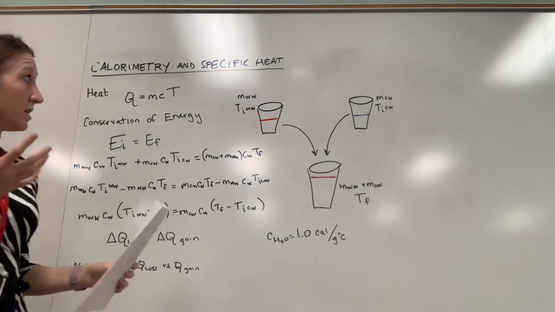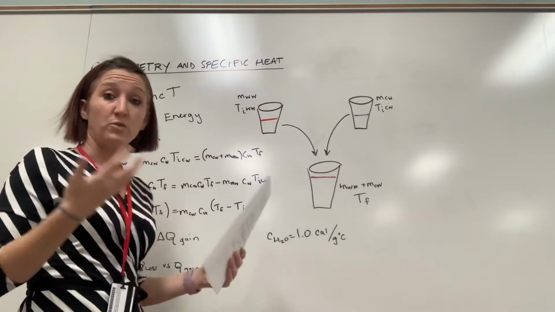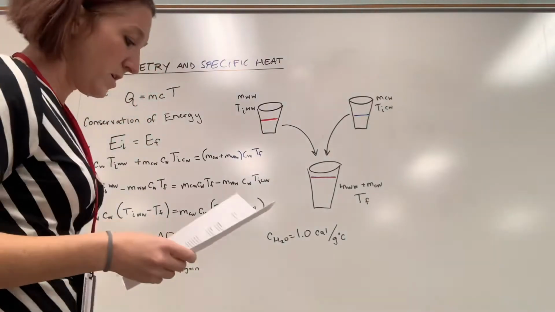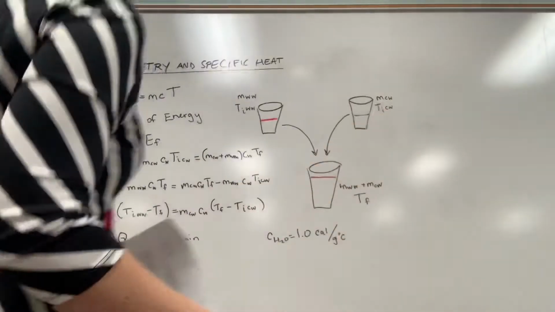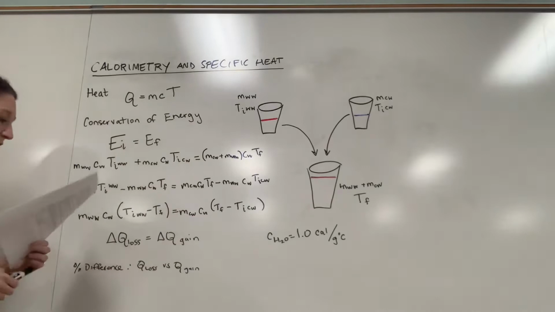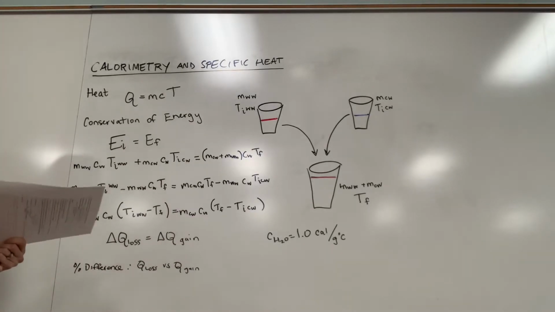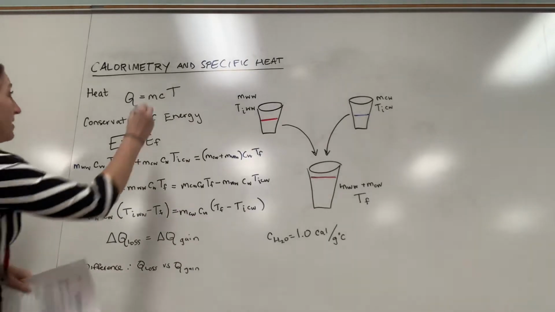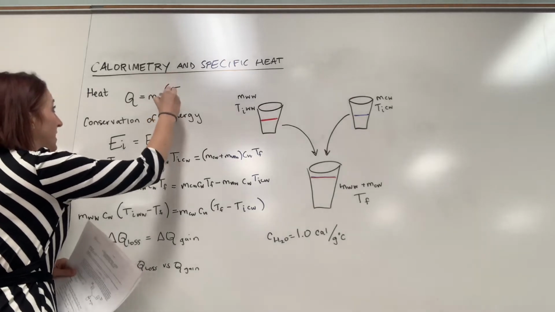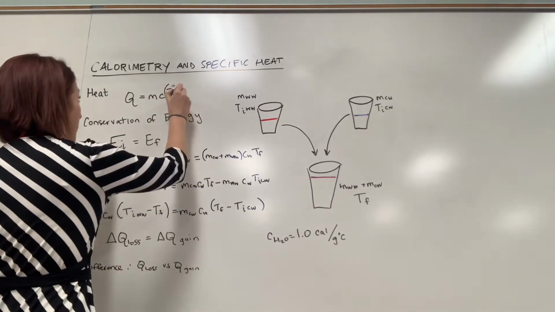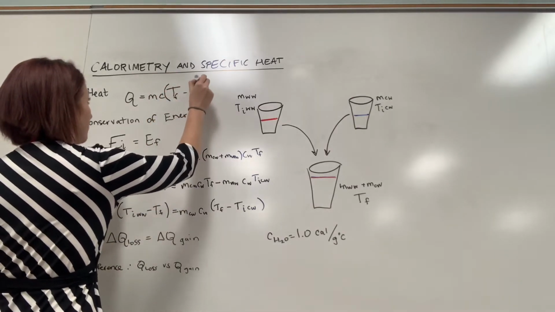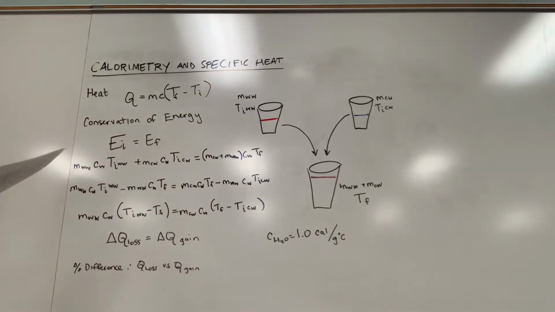For our lab, we're going to start with just water, basic H2O, times the temperature involved. So if we were looking to change a temperature, this would then become mass times the specific heat of our final temperature minus our initial temperature.